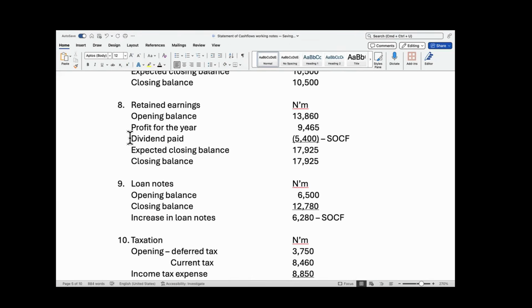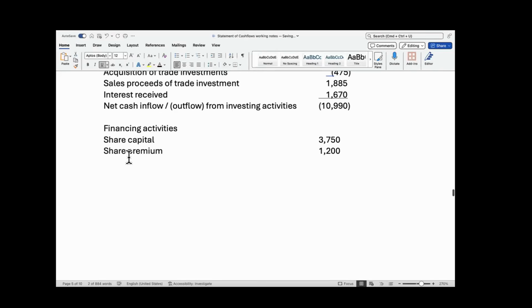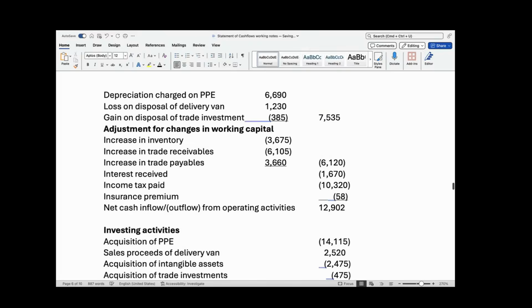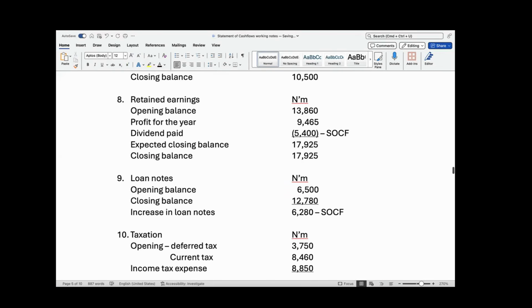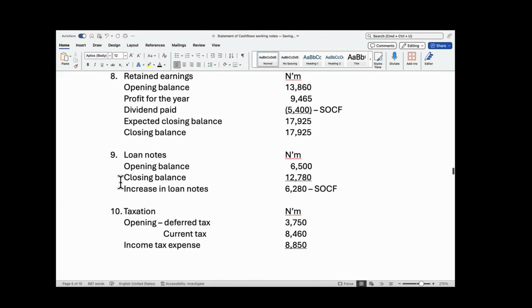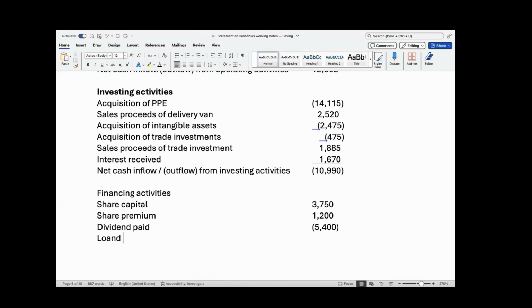There is dividend paid under retained earnings. Outflow of 5,400. And after dividend paid, there is loan notes of 6280, as an inflow because we collected loan.